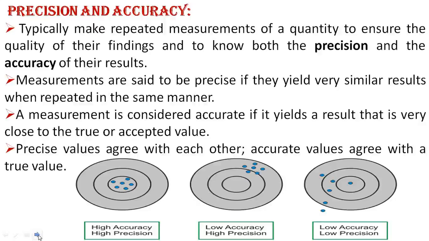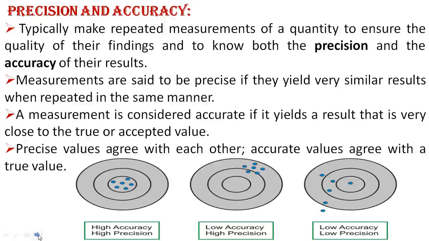accuracy of the results. Measurements are said to be precise if they yield very similar results when repeated at the same time. And second, a measurement is considered accurate if it yields a result that is very close to the true or accepted value. So precise means the repeated measurements or observations are gathered together.